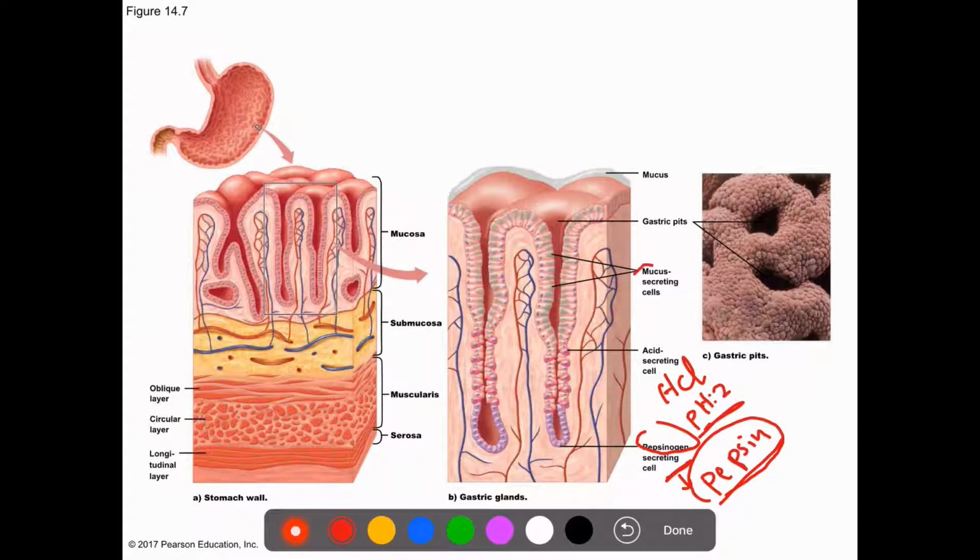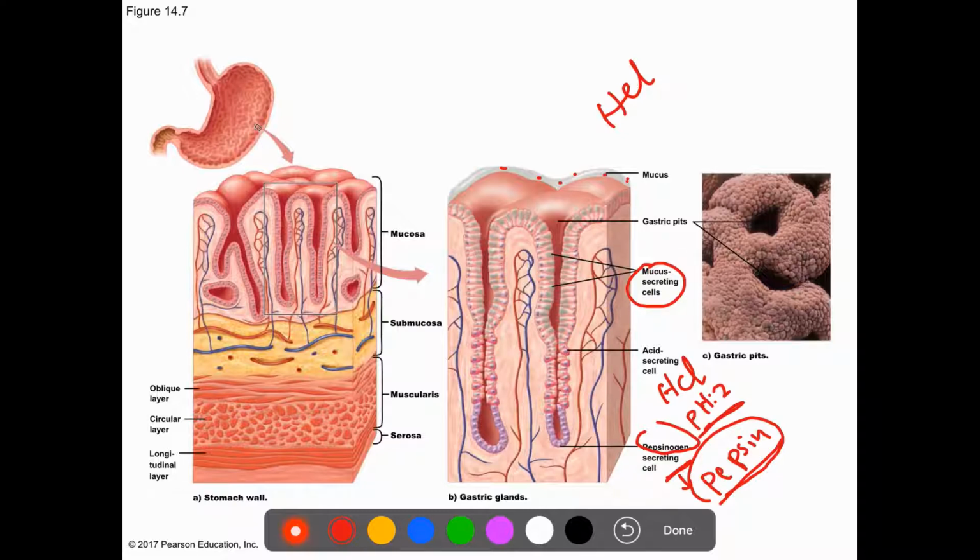We have also mucus secreting cells. They are producing mucus to protect the lining of the stomach against the strong HCl. So this is a kind of self-protection layer of the mucus.